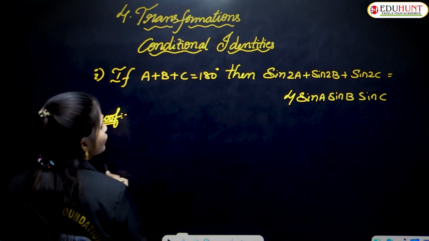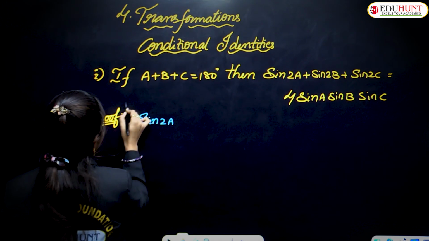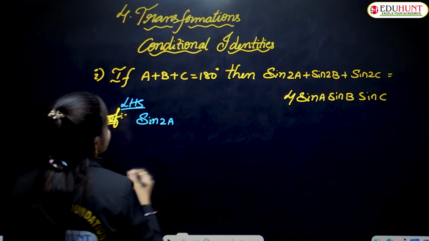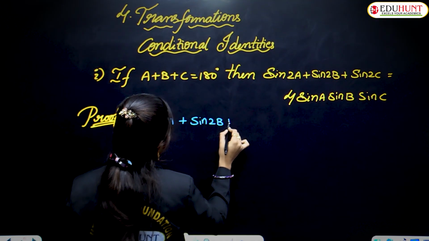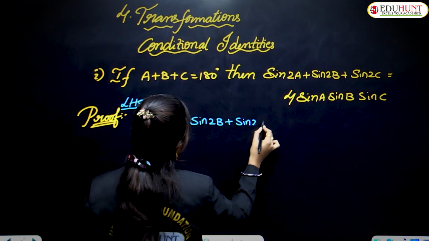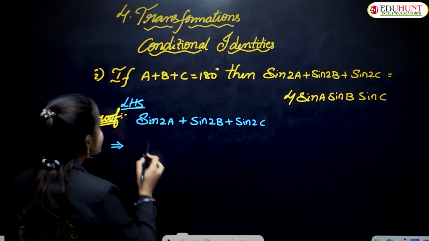First I take the LHS: sin 2A plus sin 2B plus sin 2C. From this, I want to combine sin 2A plus sin 2B.